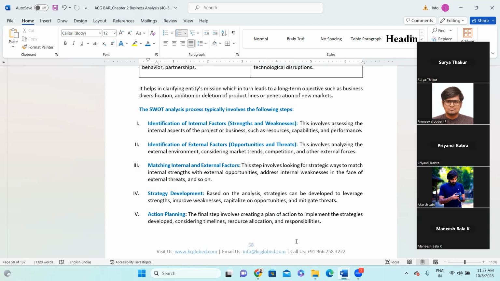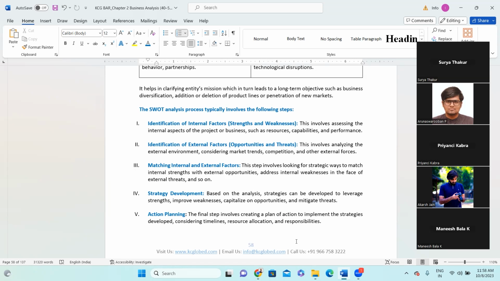The SWOT analysis process typically involves the following steps. First is identification of internal factors, which are your strengths and weaknesses. This involves assessing the internal aspects of the project or business, such as resources, capabilities, performances, right? Second step is identification of external factors, which are your opportunities and threats. This involves analyzing the external environment, economic conditions, market trends, competition, and other external factors.